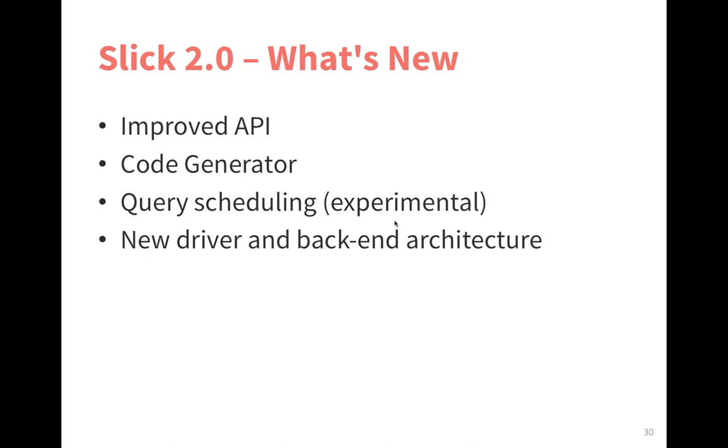So what I've shown you right now was all based on Slick 2.0. Now, let me sum up what kind of important changes we did there in case you're familiar with Slick 1. We improved the API in certain important ways, which are unfortunately not always source compatible. For example, the way you define your tables. In Slick 2, you have the separate class and the val that comes with it.